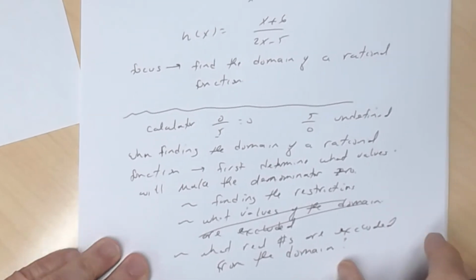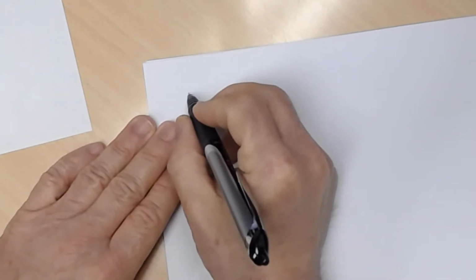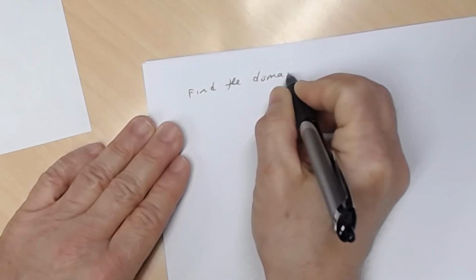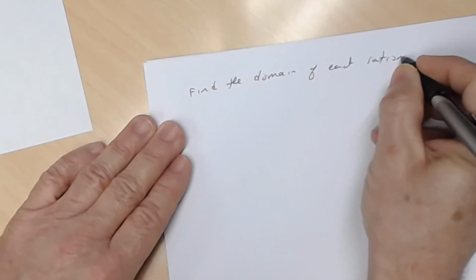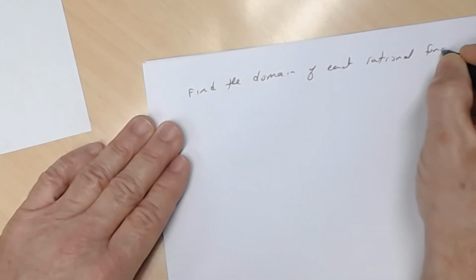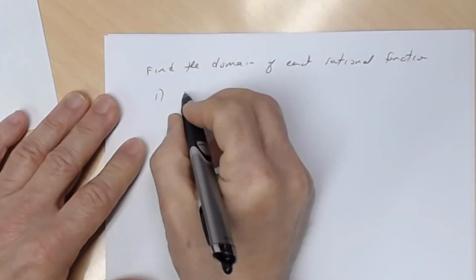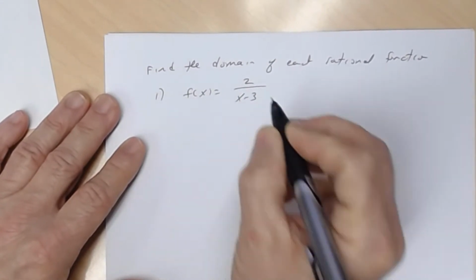All right, so what real numbers are excluded from the domain? Let's look at some examples. Find the domain of each rational function. Number 1, f of x is equal to 2 divided by x minus 3.